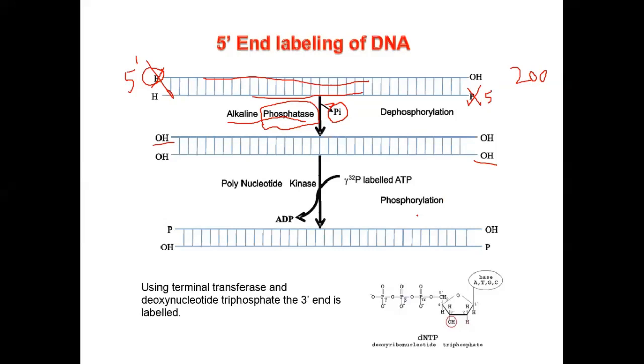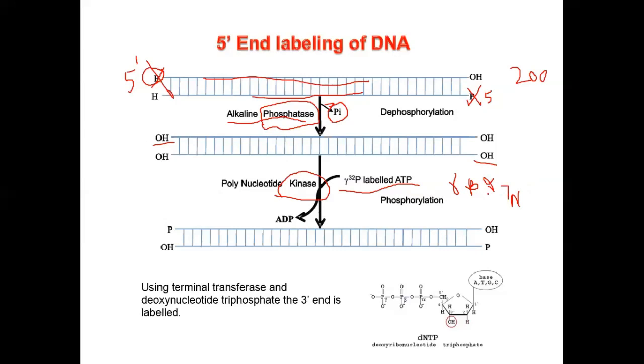Now we have to replace this OH with a radio-labeled phosphorus. So we take a kinase. You always have to remember that phosphatase means removal of phosphate, and kinase means addition of phosphate. Here, you're adding a P32 labeled ATP, which has alpha, beta, gamma phosphates followed by your nucleotide.